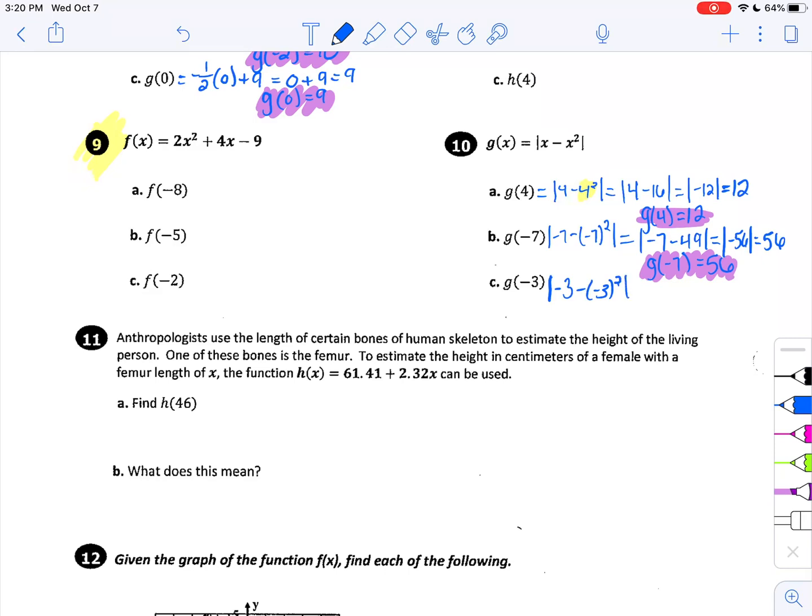So that should say negative 3 minus negative 3 squared. So that's the absolute value of negative 3 minus 9. So instead of negative 7 minus 9, it's negative 3 minus 9, which is the absolute value of negative 12, which is a positive 12. So g of negative 3 is a positive 12. Sorry about that.